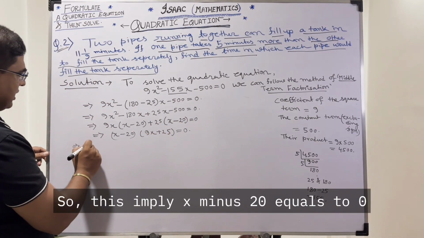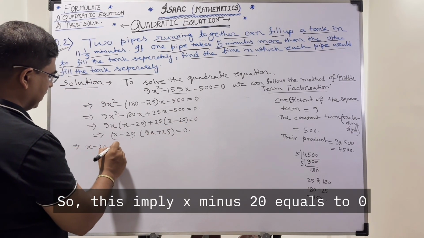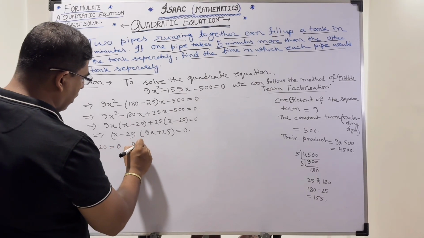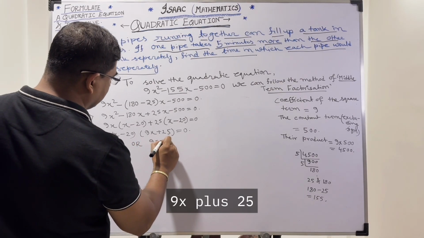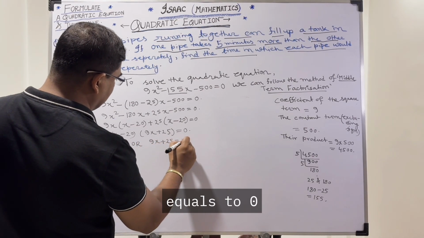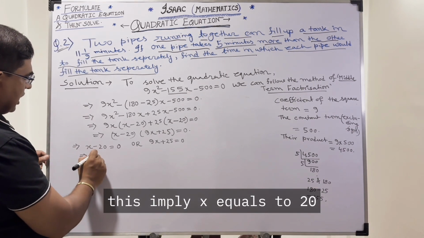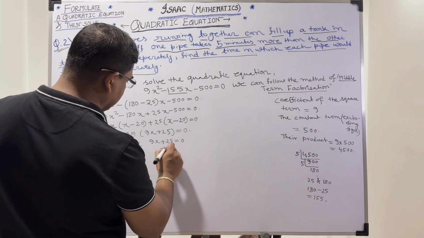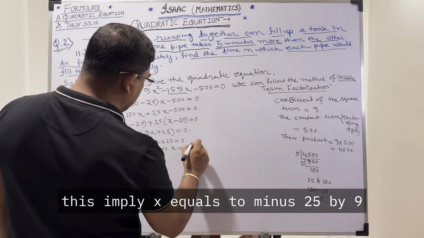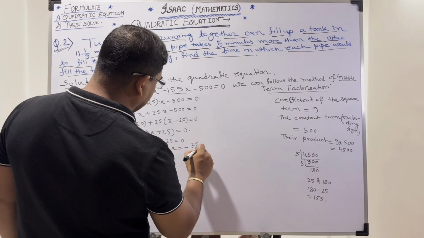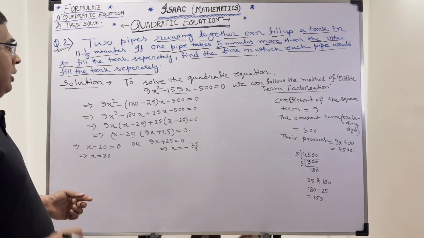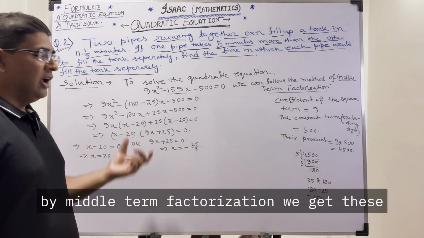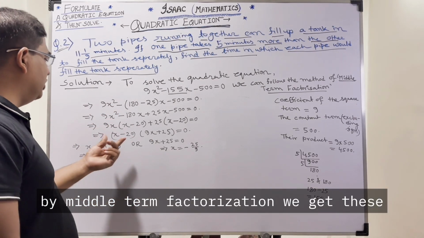So this implies x minus 20 equals to 0 or 9x plus 25 equals to 0. This implies x equals to 20. This implies x equals to minus 25 by 9. Okay. So by middle term factorization, we get these two factors.